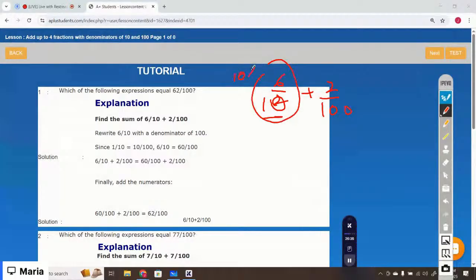We need to multiply this fraction by 10 because 10 times 10 is 100. 10 times 6 divided by 10 times 10 plus 2 over 100. That is 60 over 100 plus 2 over 100.